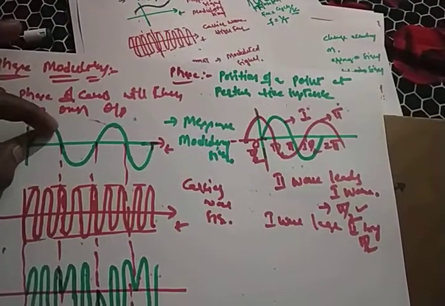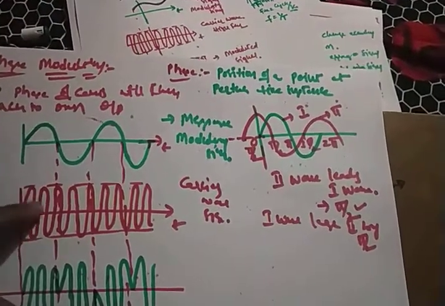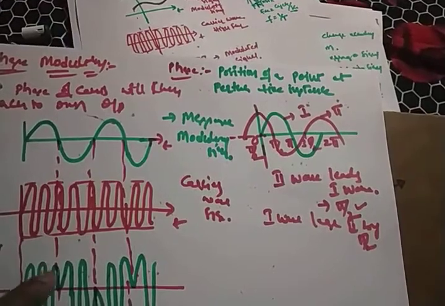Now where is the phase going to change? From this point, and again the phase will change here, and again here. Up to this portion it is similar, like this, like this. At this portion my phase will change.